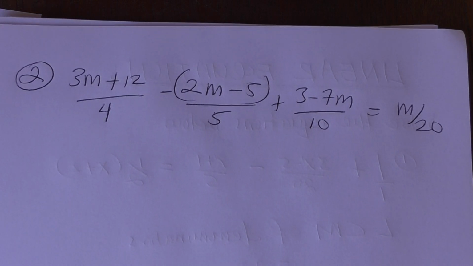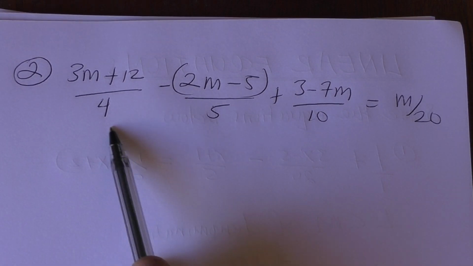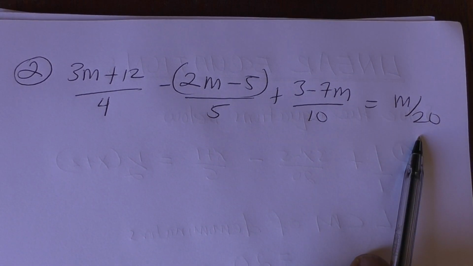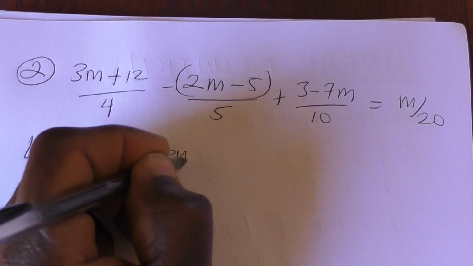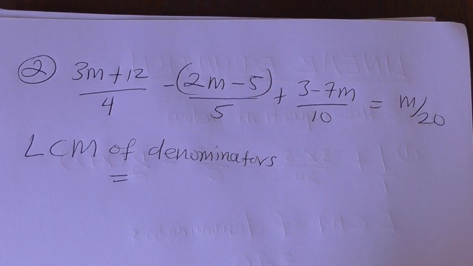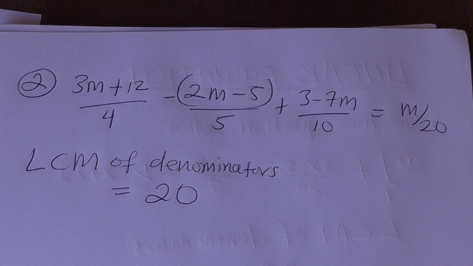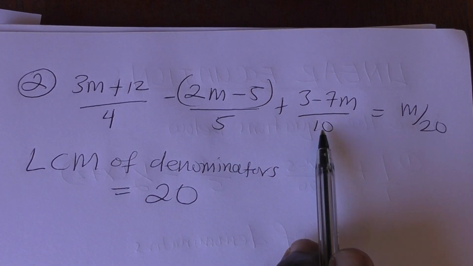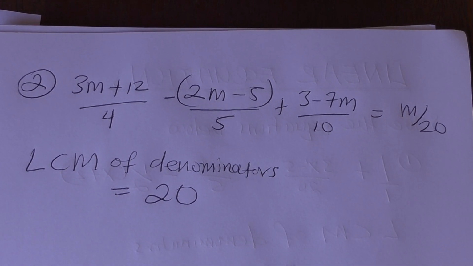Hence, we shall solve this first of all by getting the LCM of the denominators, which is 20. If you don't know how we get LCM, LCM means the lowest common multiple. So you look at our denominators. The lowest common multiple of these is 20.